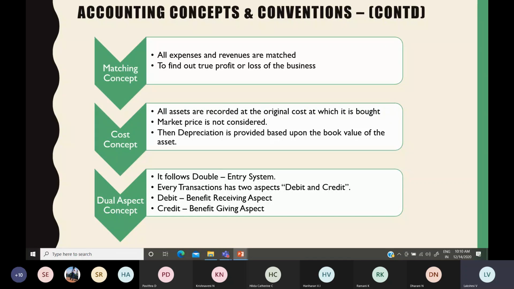So debit and credit should be equal. Debit is the benefit receiving aspect, and credit is the benefit giving aspect. So this is the dual aspect concept, which every company has to strictly follow and maintain in their books of accounts.